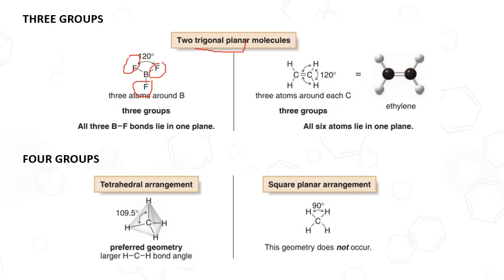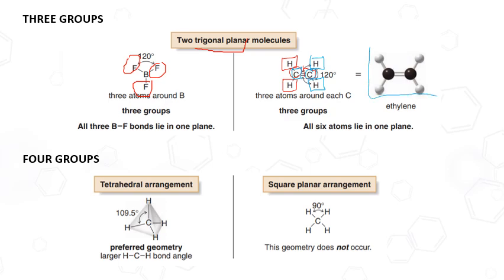For your organic example, we have one carbon here surrounded by 1, 2, 3 groups, so trigonal planar, and then this other carbon surrounded by 1, 2, 3, that's three groups, which also tells you that's trigonal planar.